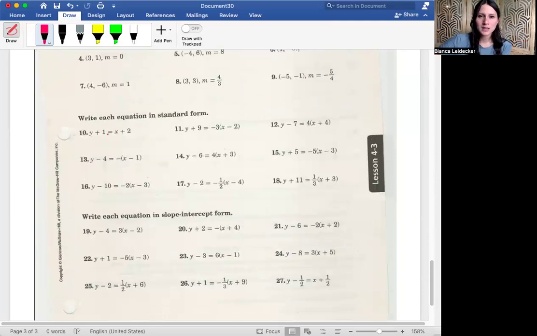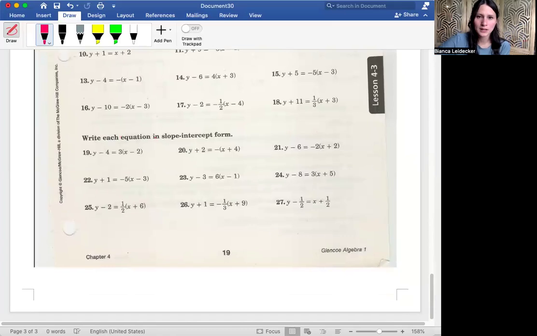Now, numbers 10 through 18 say write the equation in standard form. Standard form is ax plus by equals c. You've had a quiz over this already, but just to remind you, we are rewriting the equation in ax plus by equals c. That is what standard form is. Then this next part says write an equation in slope-intercept form. That is writing it as y equals mx plus b.